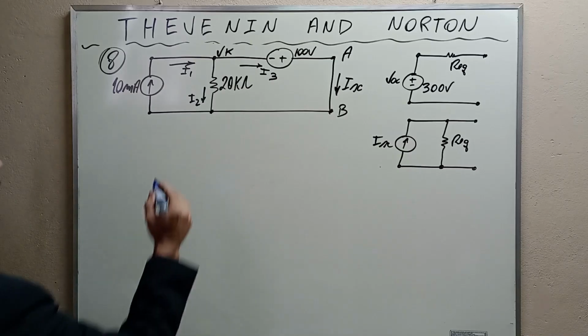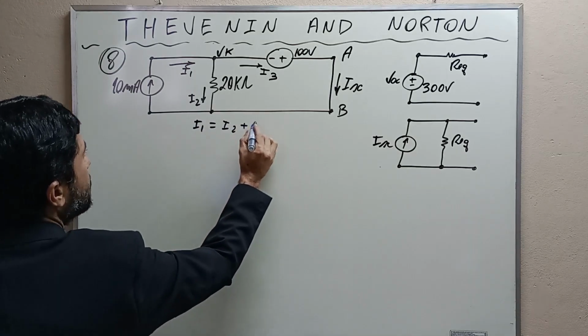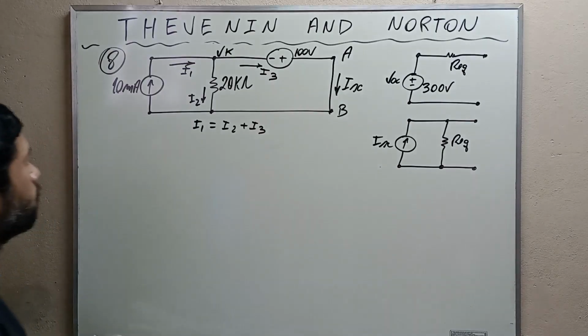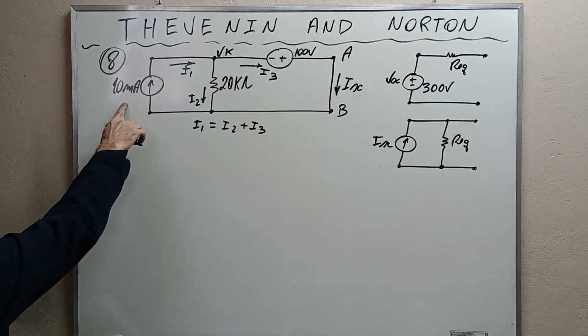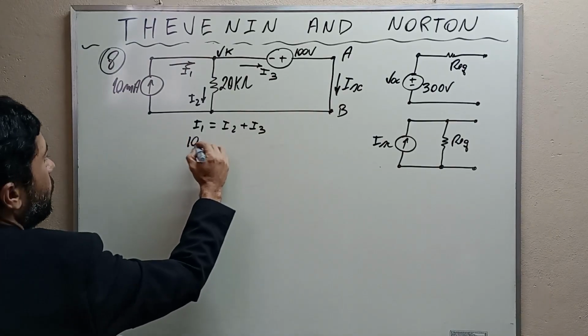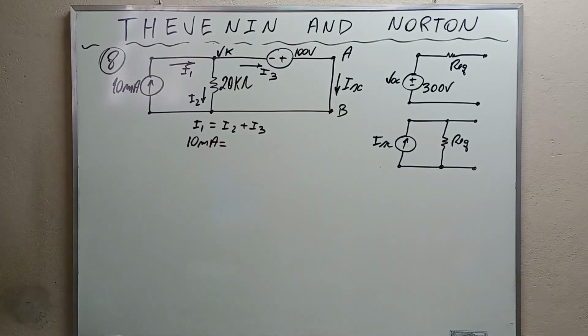Remember that I1 is equal to I2 plus I3. Now I1 is not equal to I2, it is different. I1, we know that it is 10 milliamps. How about I2?